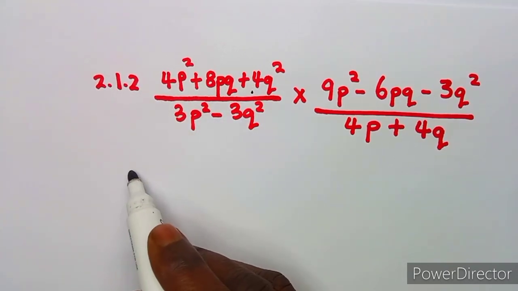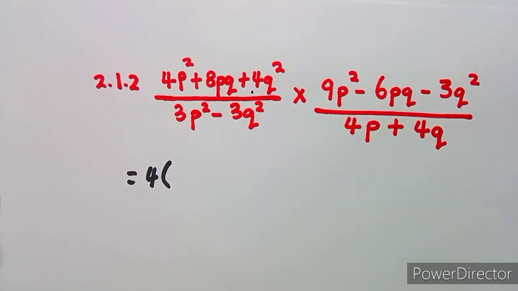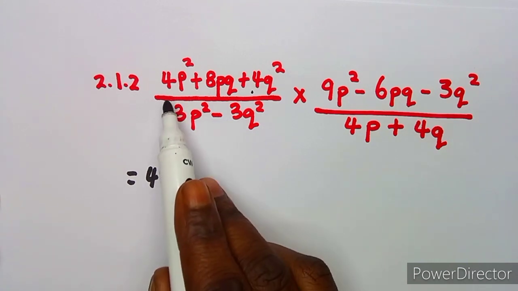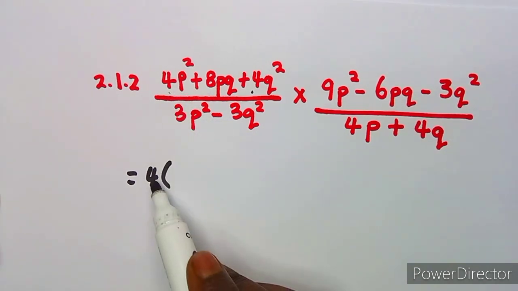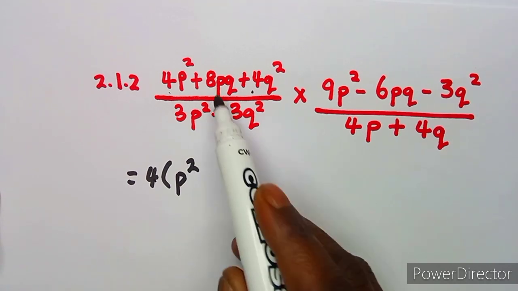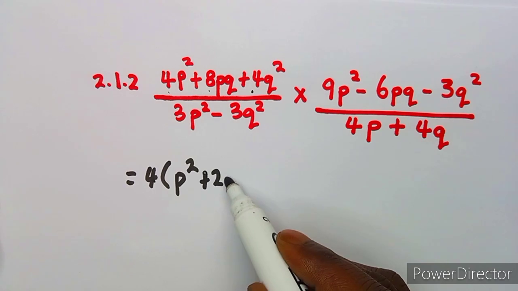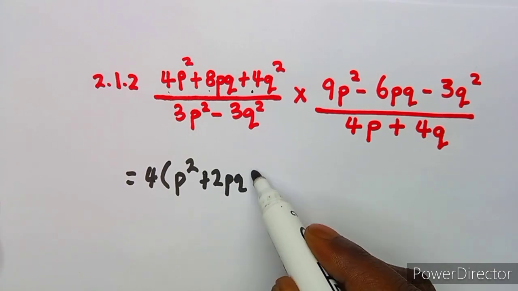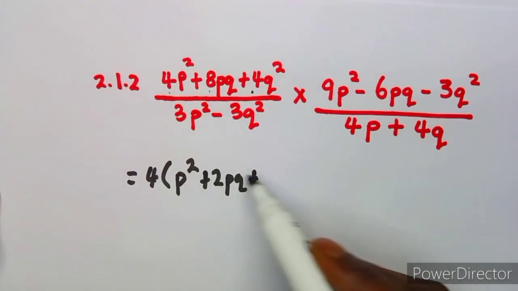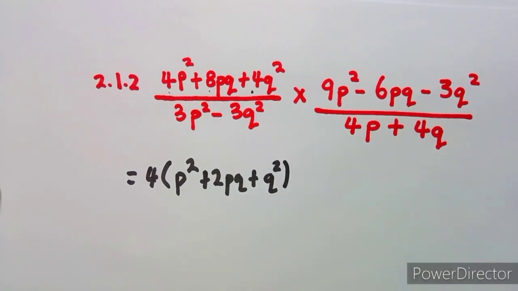We can factor it out before we go any further. So we are going to have 4p squared divided by 4, which is p squared, 8 divided by 4, which is 2, so it's 2pq, plus 4 divided by 4, which is 1, so it's going to be q squared.